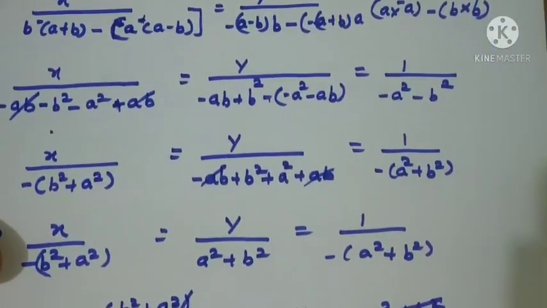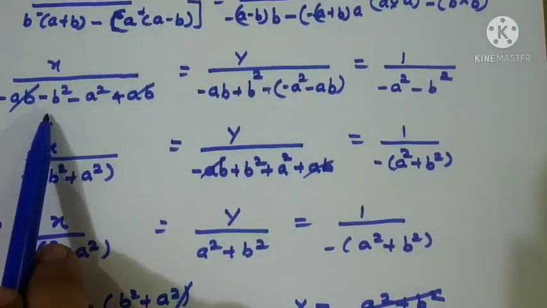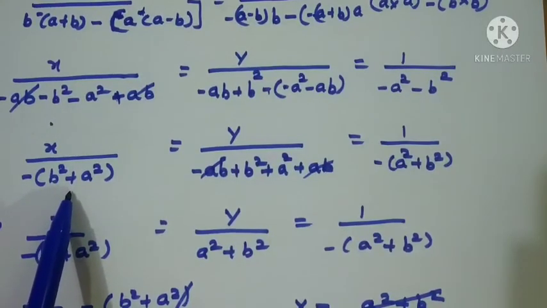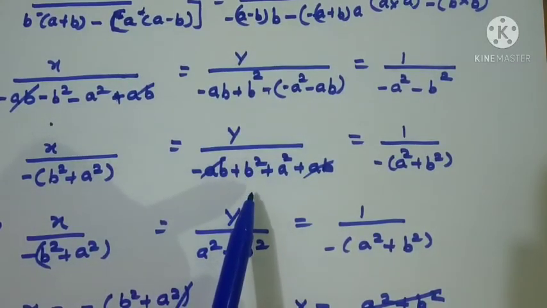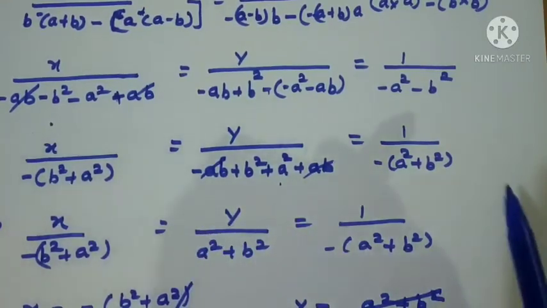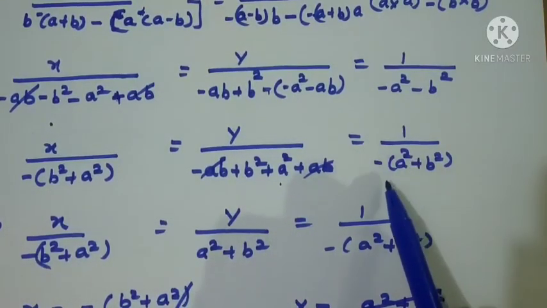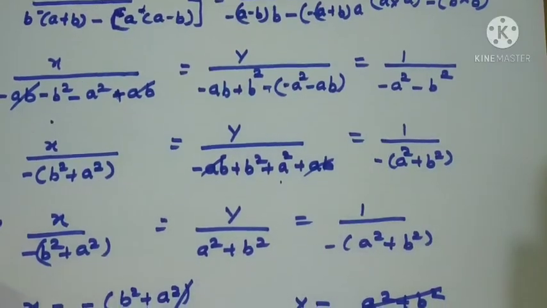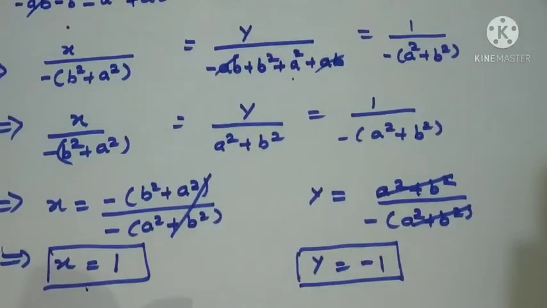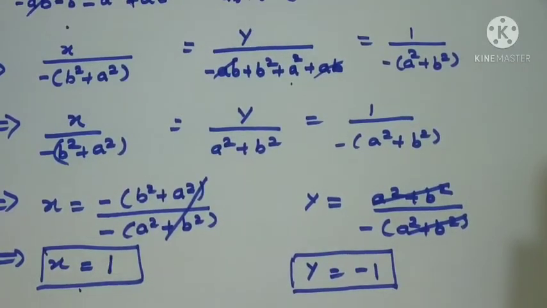Minus ab plus ab get cancelled, and the remaining terms are minus b square minus a square. So we have taken minus outside, so in bracket we got a square plus b square. Similarly for y also, minus ab plus ab get cancelled, here we got b square plus a square equal to 1 by minus a square plus b square. After the simplification, the value we got is x equal to 1 and y equal to minus 1.